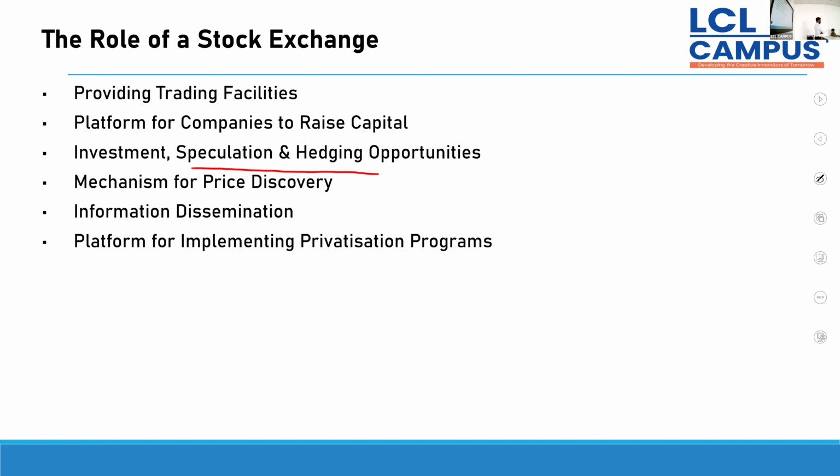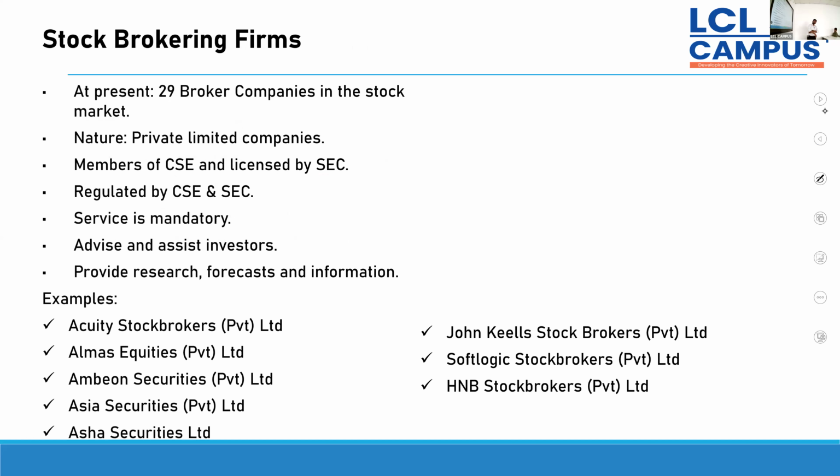If you search the Colombo Stock Exchange website, you can download the annual reports of these listed companies. So it's a place for distributing information. A platform for implementing privatization programs as well, right? So those are the roles of a stock exchange.